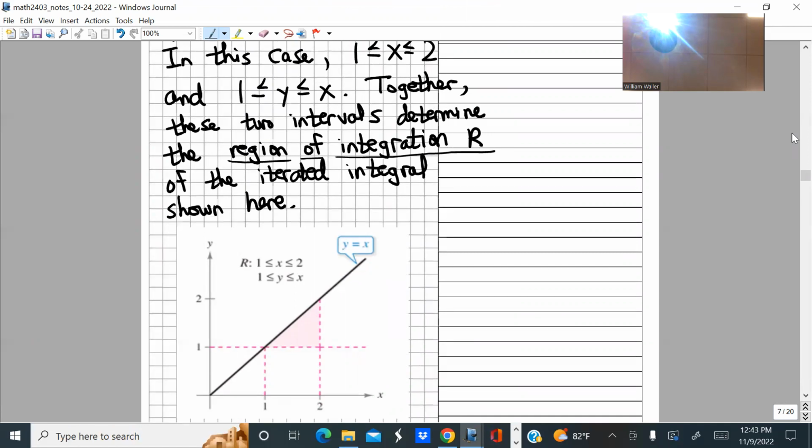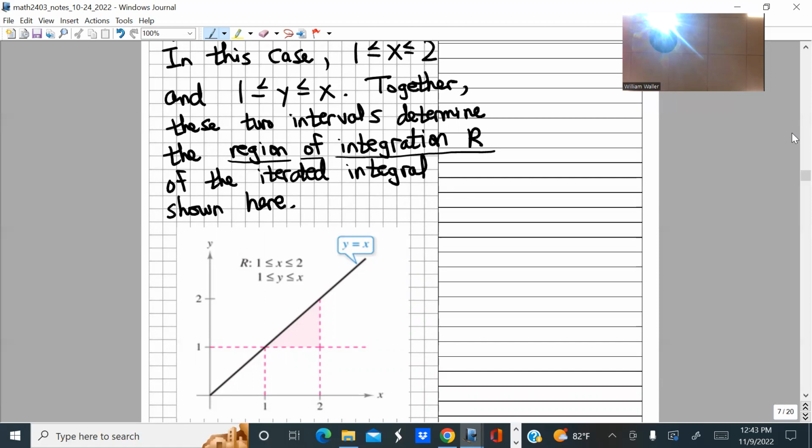So if you think of letting y be between 1 and x, that's an inequality. What region of the xy plane are we in? It's only between y equals 1 and y equals x.